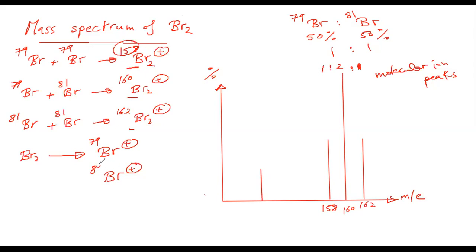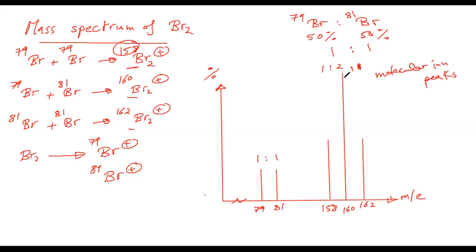The other one at 81, but in the ratio of 1 to 1. So we get 2 peaks at 79 and 81. They are in the ratio 1 to 1 because both isotopes are present in the same percentage in nature. Their abundance is 1 to 1.